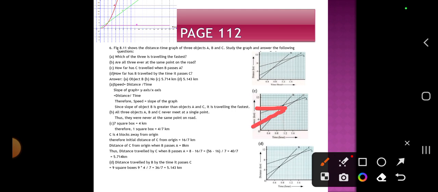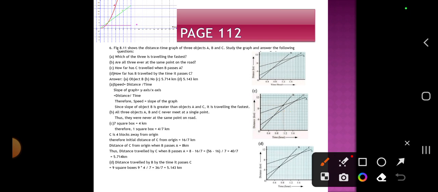This is the origin of the C. So we subtract the origin from 8, and we will get the distance traveled by C. So the distance traveled by C when B passes A is 8 minus 16 upon 7. So we will get 5.714 kilometer. This is the distance, 5.7 kilometers.